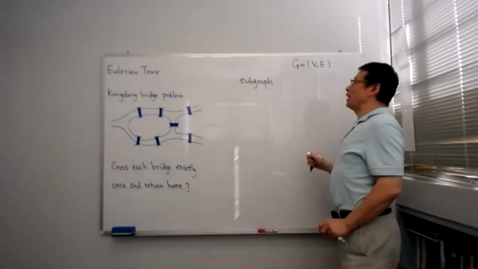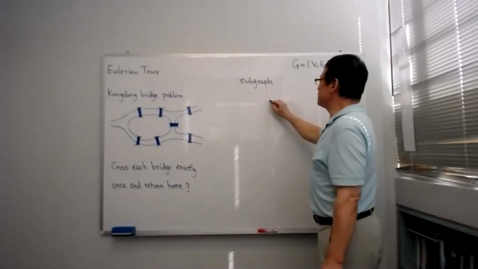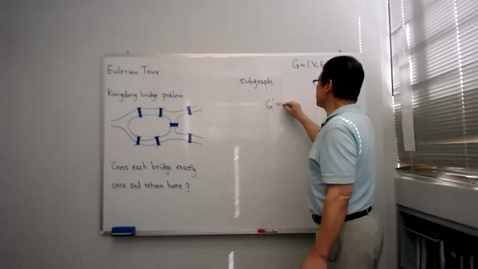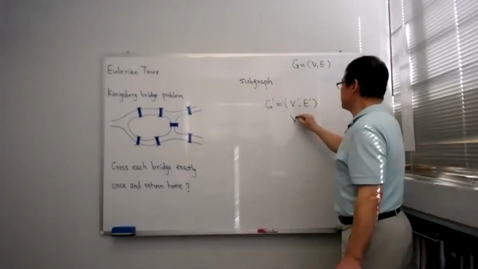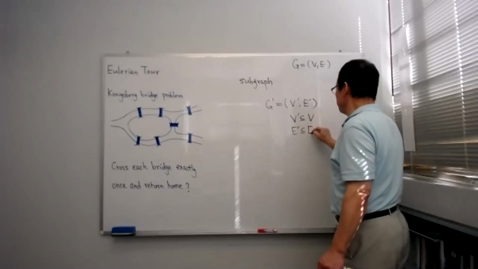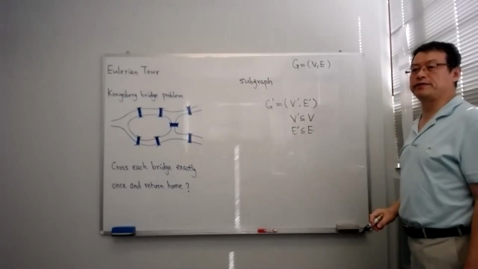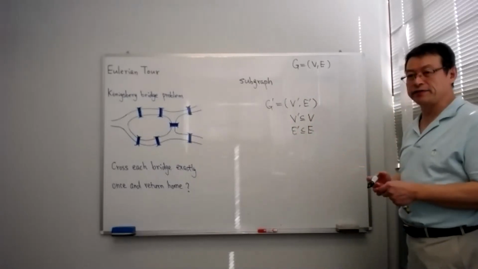So we have a graph G. A subgraph of G is obtained when I take any subset of vertices and edges, where the vertex subset is a subset of V and the edge subset is a subset of E. This is called a subgraph. So given a graph, if I take some edges and some vertices, that's called a subgraph.